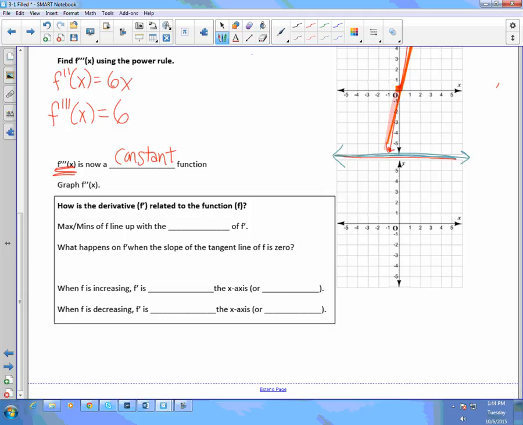How is the derivative, f prime, related to the position function? The maximums of f, the original function, become what in the derivative? The x-intercepts.